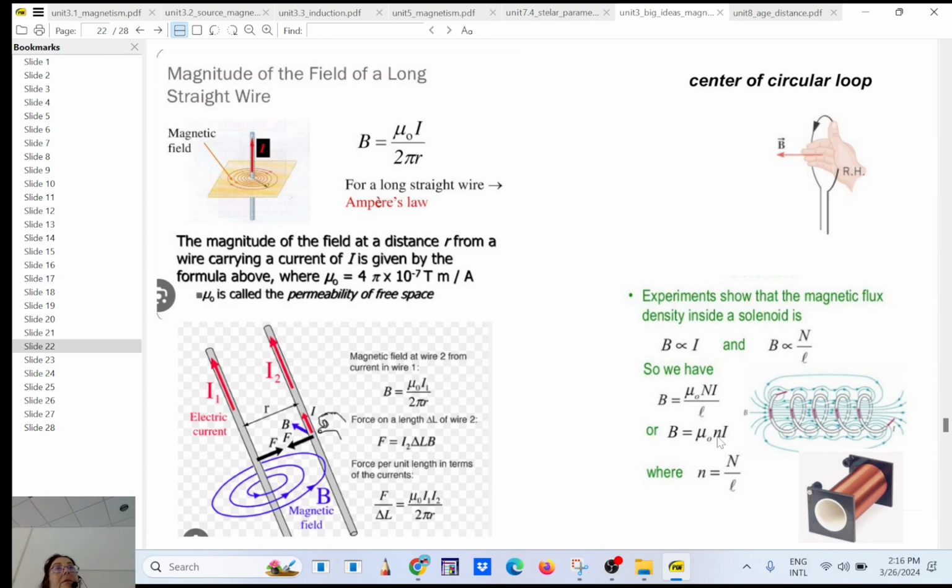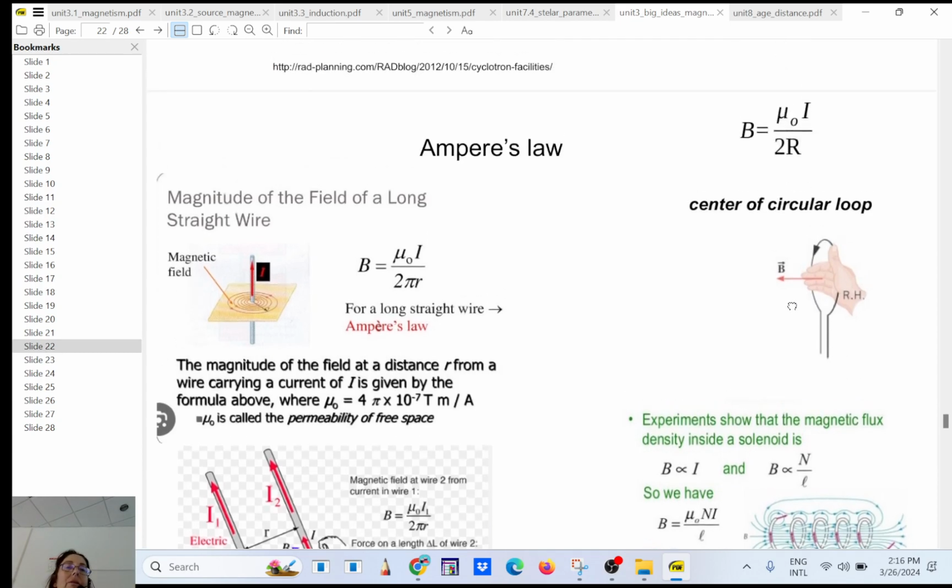Loops per meter. How many loops per meter? Is that clear? Which is not the case if you have a single loop. So if it's not packed, then you have to use that equation to find the magnetic field at the center. Is that clear?